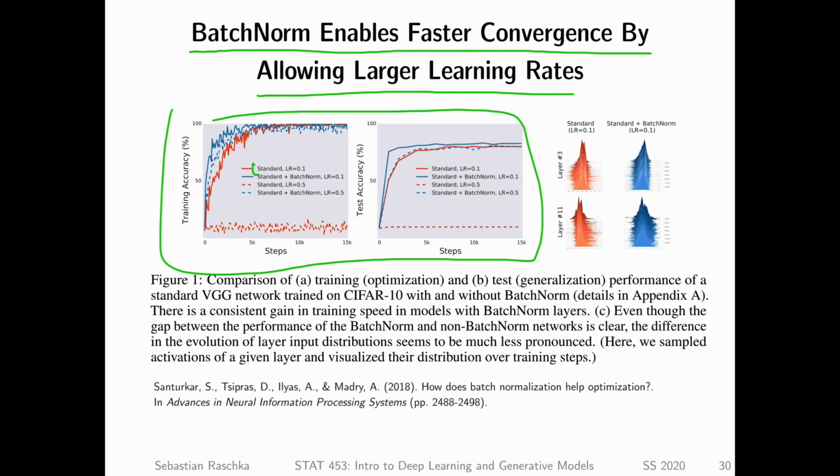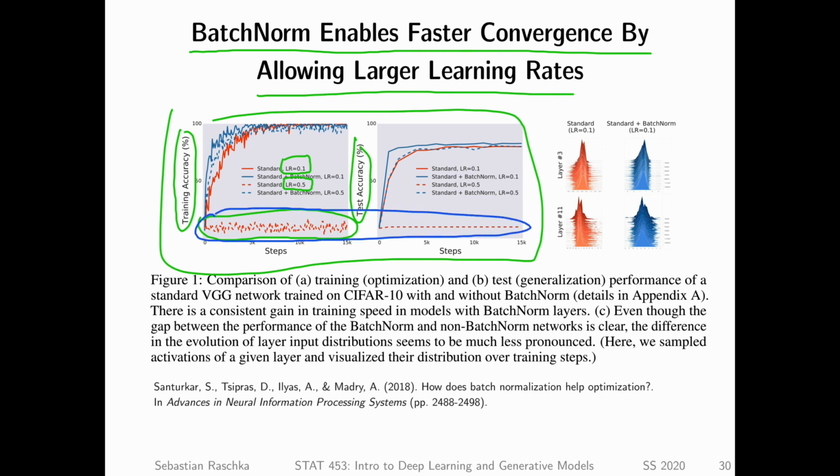Standard means just a neural network without batch norm. And there are two learning rates, 0.1 and 0.5. They see that if you use a learning rate that is too large, here 0.5, you get very poor performance. This is the training accuracy on the y-axis, and here they did the same thing for the test accuracy. So for both training and testing, if you use a learning rate of 0.5 without batch norm, then this network doesn't really train very well.